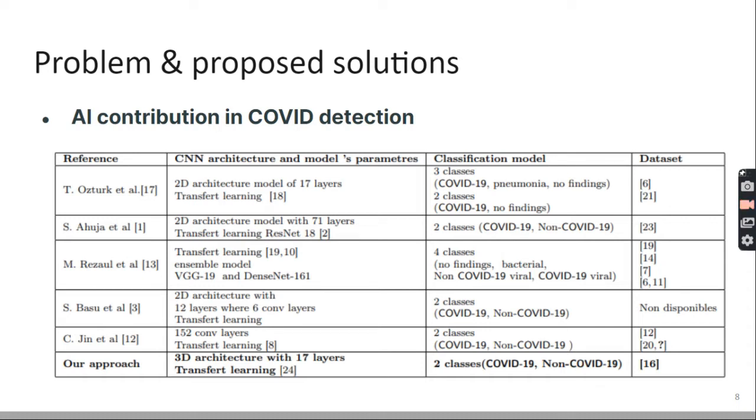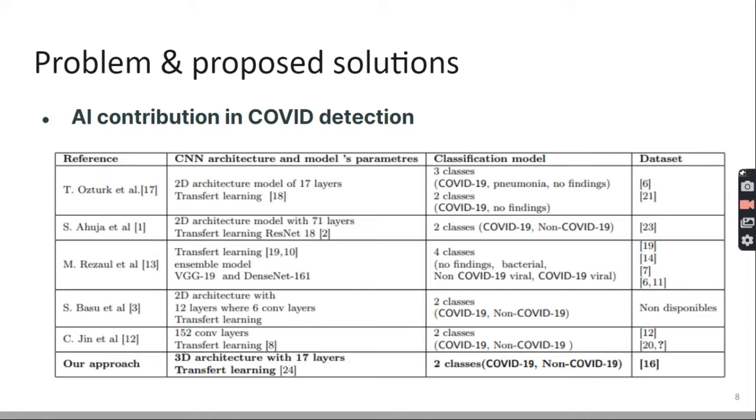Basu et al. proposed a 2D architecture with 12 layers, where 6 are convolution layers, and transfer learning. It also outputs two classes, COVID-19 and non-COVID-19. Jin et al. proposed 152 convolution layers using transfer learning, and it also outputs two classes of COVID-19 and non-COVID-19.